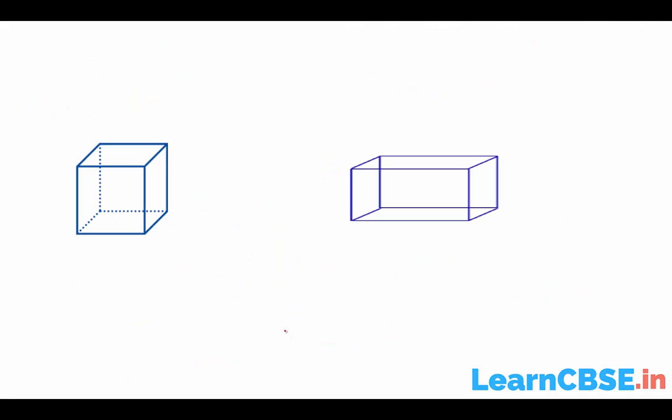Now we can go with the prism. This is an enlarged figure having the same base, that means congruent base.